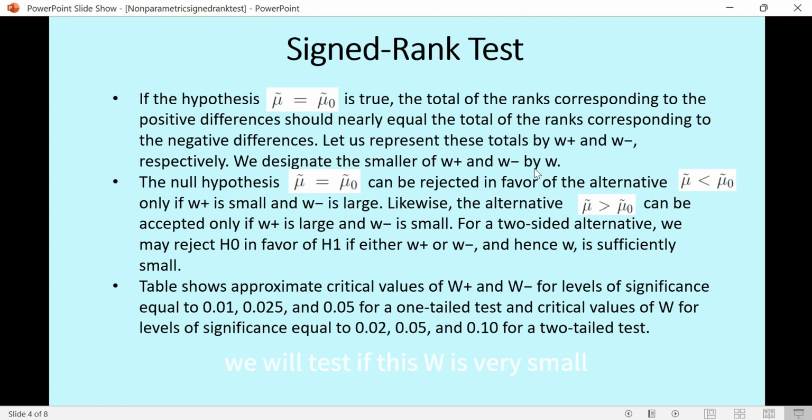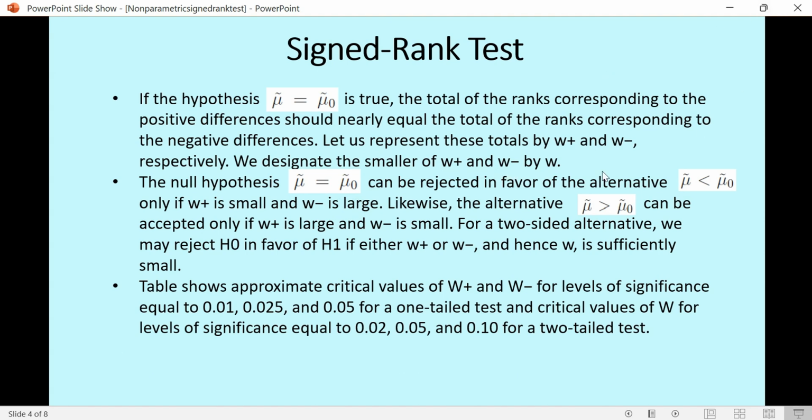We test whether this W is very small. If W is very small, we will reject the hypothesis that they are equal, because if they were equal, these two rank totals would be very close.